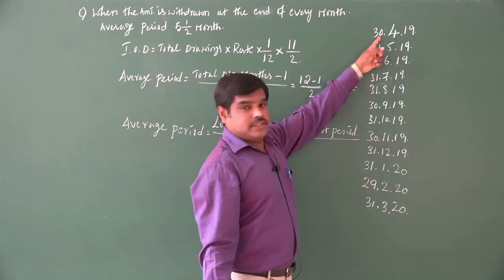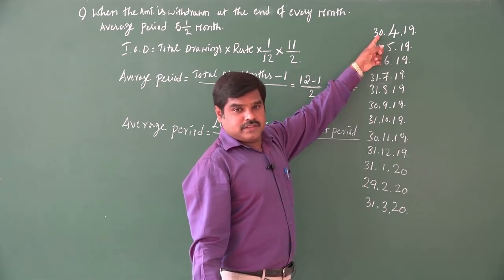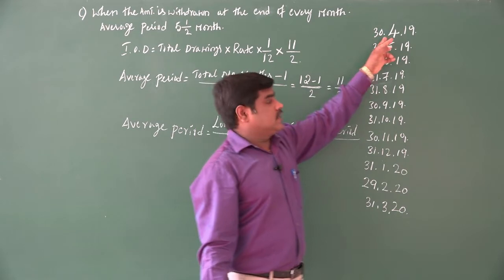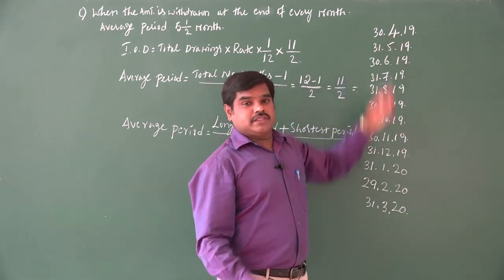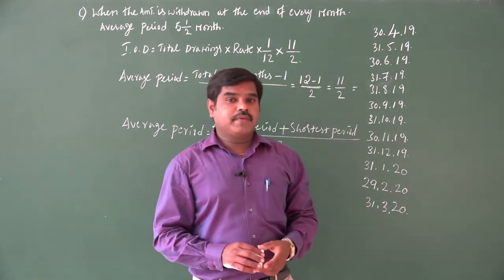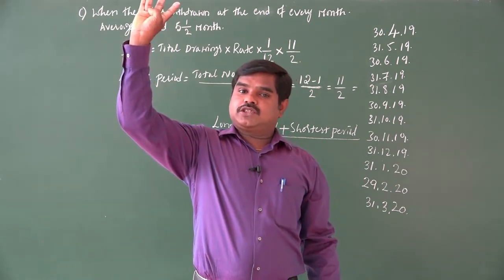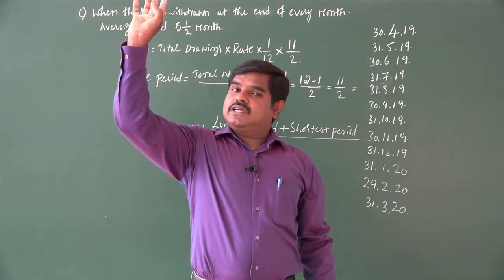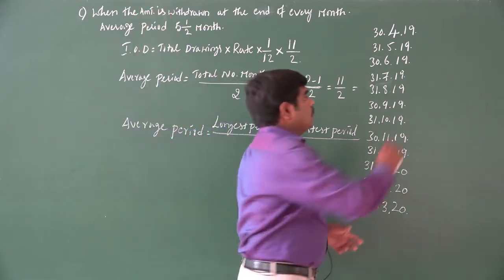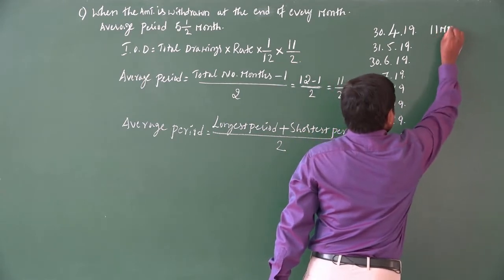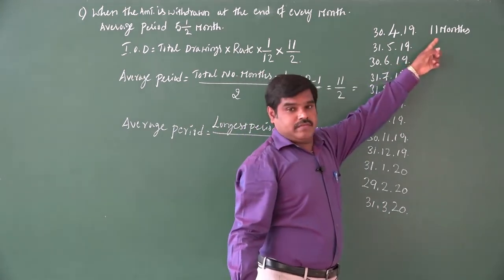If you take the accounting year ending 31st March 2020, April's last date money is withdrawn, so you exclude April, and May, June, July, August, September, October, November, December, January, February, March. So the outstanding period you are going to get is 11 months.